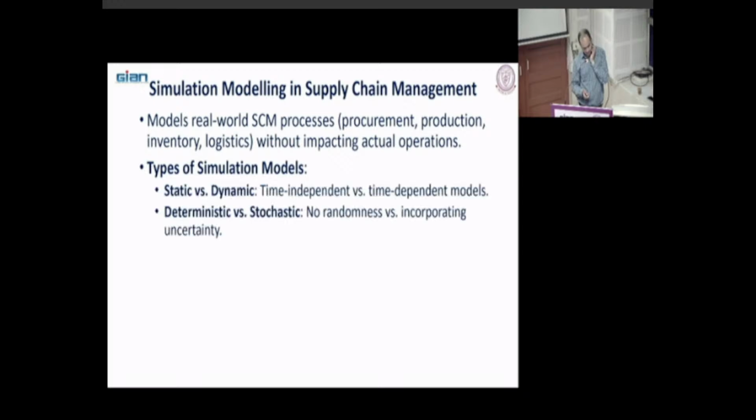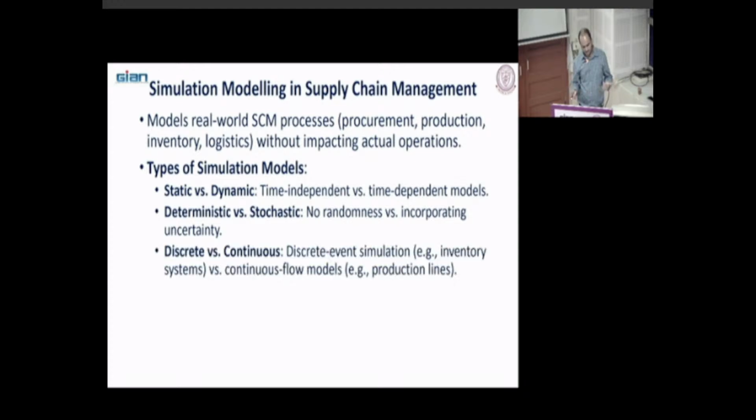Then what next? Deterministic versus stochastic. Stochastic means some parameters are not known. Discrete and continuous, meaning how the parameters change at a given time or continuously. Benefits: it reduces the risk, improves forecasting because we predict unexpected events, and optimizes the operations.